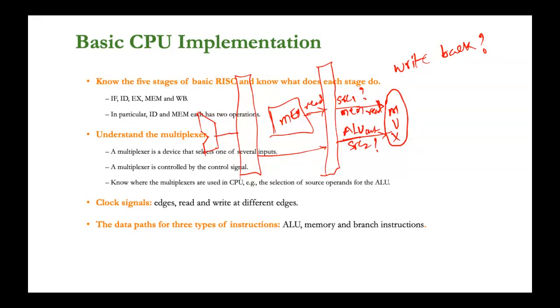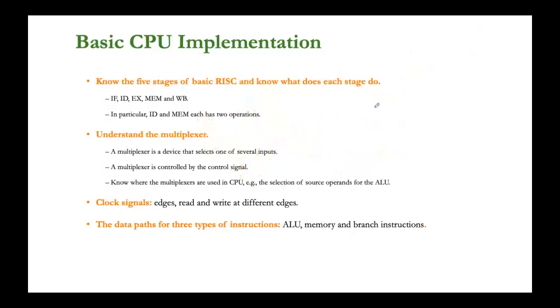Let me quickly ask you another question. What are the inputs for your multiplexer 2 in the execution stage? In the execution stage, you have two multiplexers. The upper one is your multiplexer 1, or MUX 1, and the lower one is your multiplexer 2.